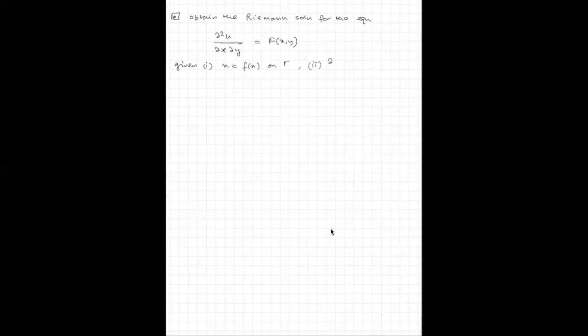So I'll say that, okay, obtain the Riemann solution for the equation del squared u over del x del y equal to f(x,y), given 1, u is equal to small f of x on gamma, and 2, del u over del n is equal to g of x on gamma, where gamma is the curve y equal to x.